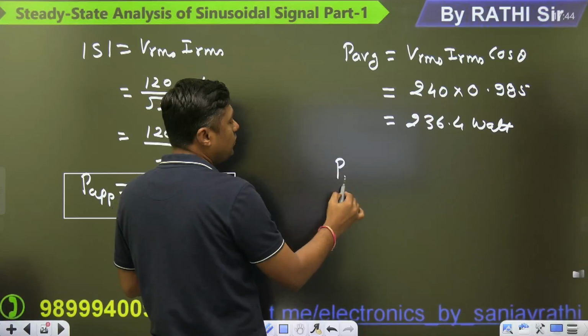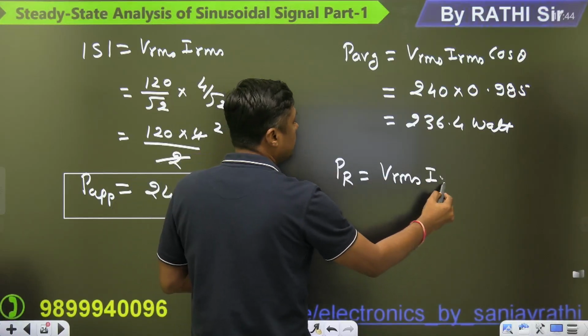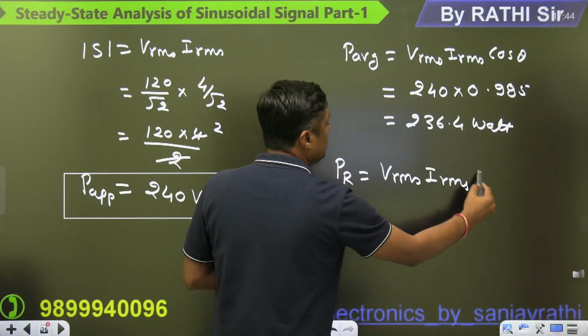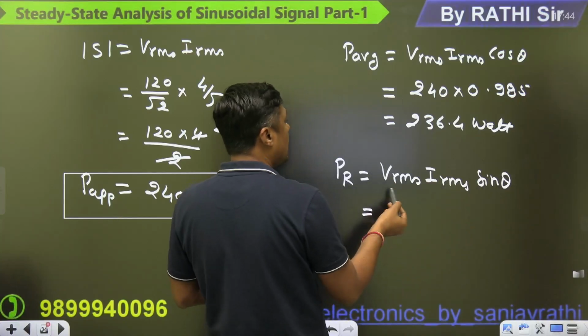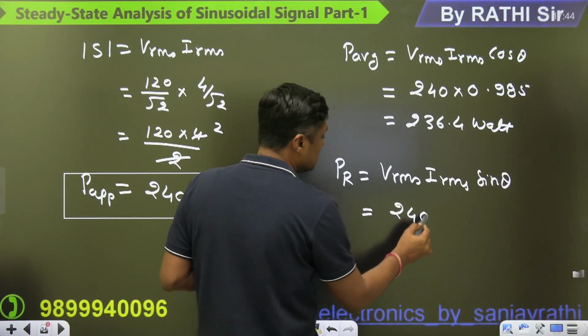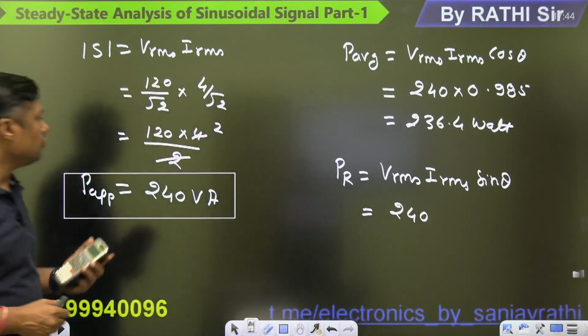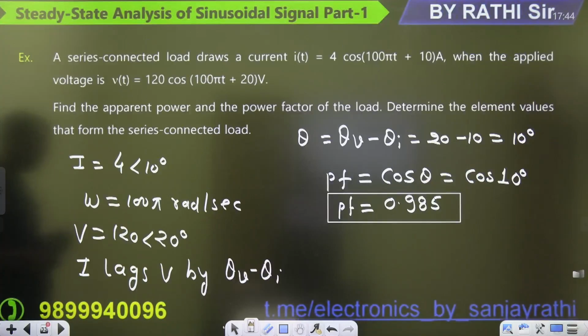What is the reactive power? Vrms Irms into sine of theta. Guys, what is the Vrms Irms? It is 240. Check my calculation also. Into sine of theta. So what is theta? Theta is 10.